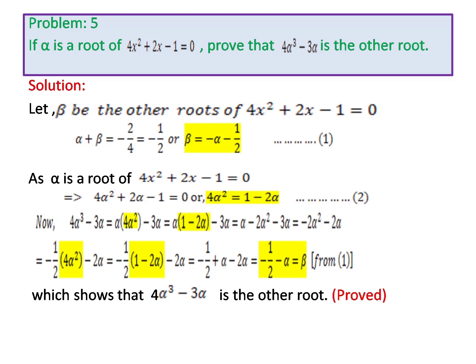So beta can be written as 4 alpha cube minus 3 alpha, which is the other root. Hence this shows that 4 alpha cube minus 3 alpha is the other root.